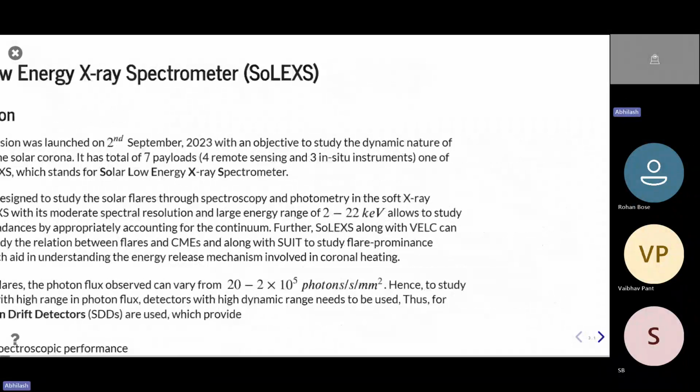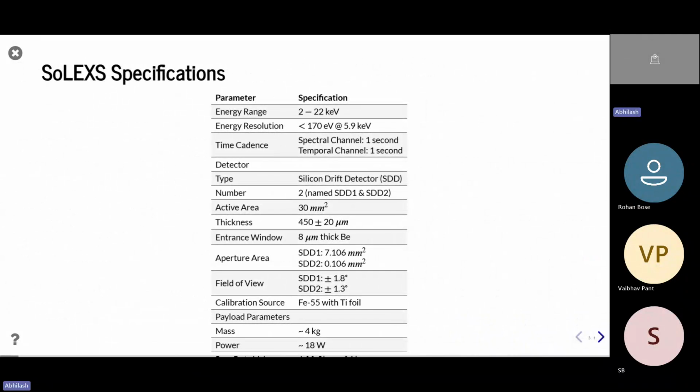I'll just keep it. And I just want to reiterate the specifications that Manju ma'am also talked about, specifically for the SOLEX. So the energy range is 2 to 22 keV. For the lower energy, you might have heard different numbers. Currently we are fixing it around 2 keV, and for spectral analysis, it's around 2.8 keV. For the lower energy, we are trying to understand what the response of the instrument is.